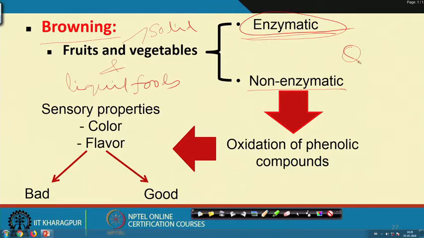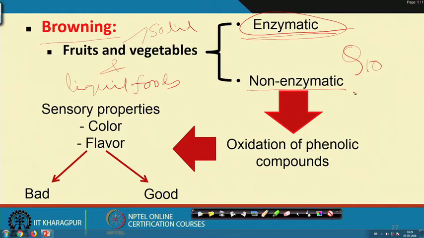So this caramelization and Maillard reaction are associated with food materials everywhere. The Q10, if you remember, is always associated. Q10 means the higher the temperature, the higher the rate of reactions.